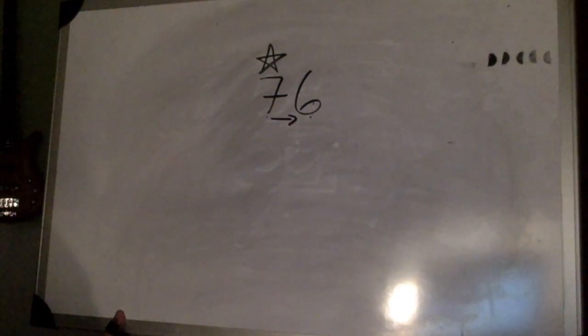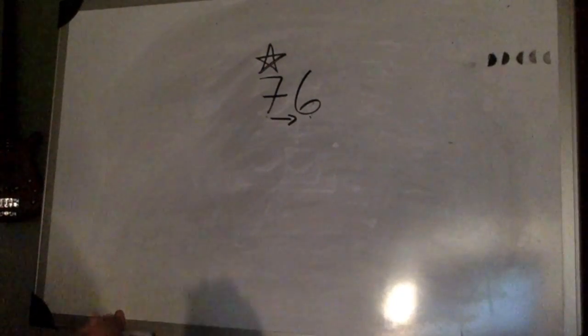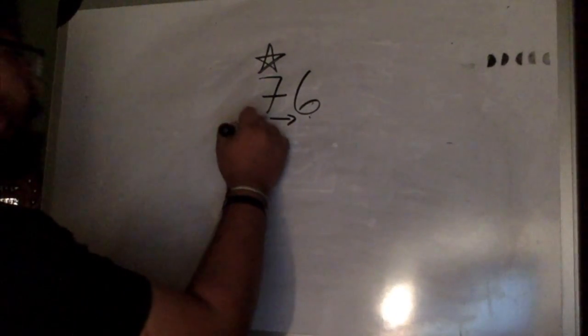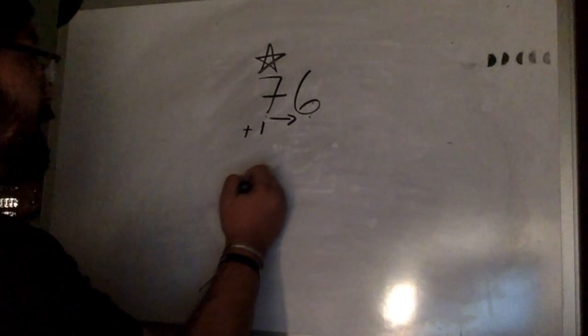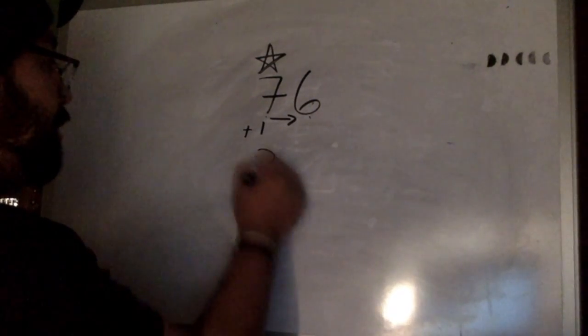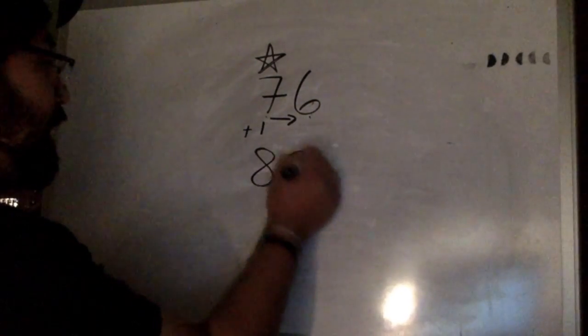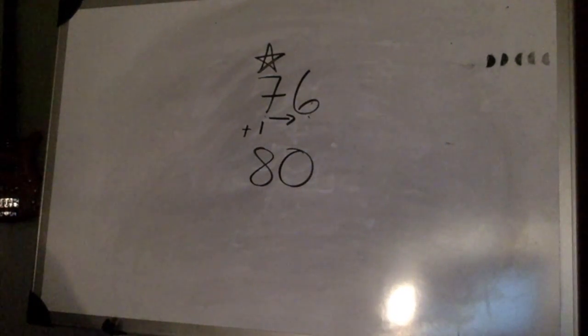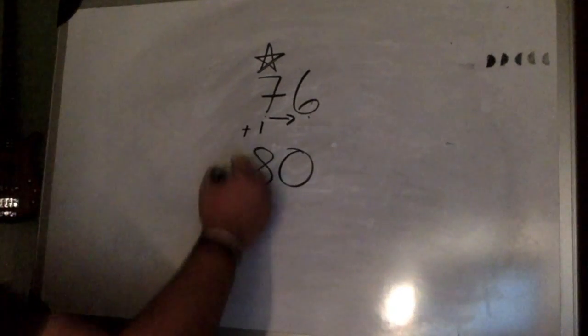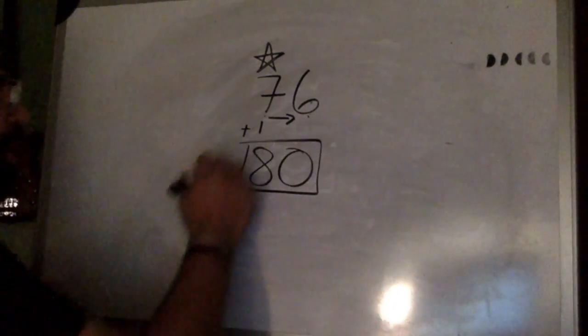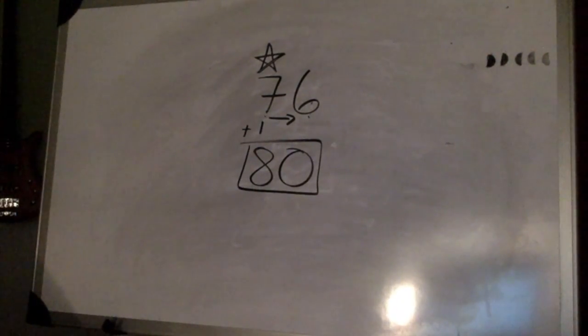This time, her sister is not 4 and below, she is 5 and above. If she is 5 and above, Cinderella gains 1 point. 7 plus 1 equals 8, and then her sister turns into a pumpkin. So 76 to the nearest 10 would be 80. I don't know about you, I'm actually having a little bit of fun with this.